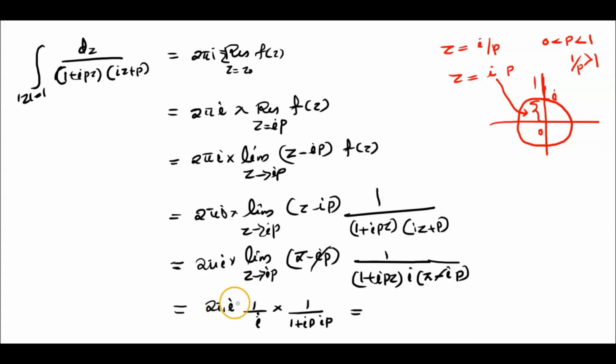The i cancels, and we get 2 pi into 1 by 1, i square is minus 1, minus minus plus, p square, that means 1 minus p square. So 2 pi divided by 1 minus p square is the value of the integral by the residue theorem.